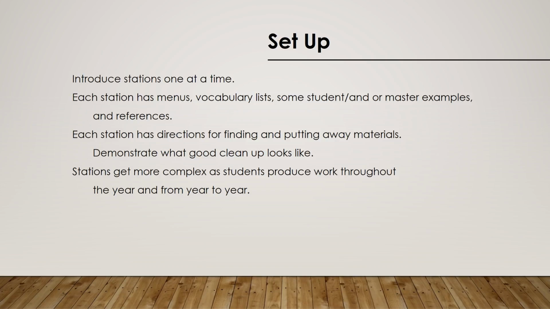Both have vocabulary, some examples of how I have used painting for their grade level in the past, student examples, my examples, maybe some references from artists, just a whole little crate of things that they can use to inspire them to make art at those two stations.